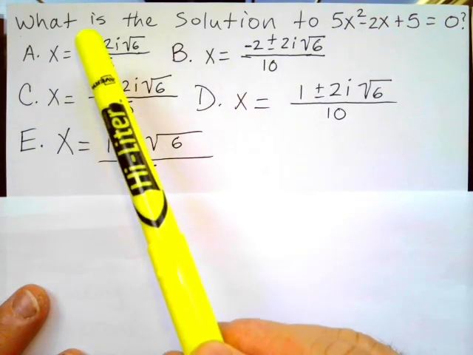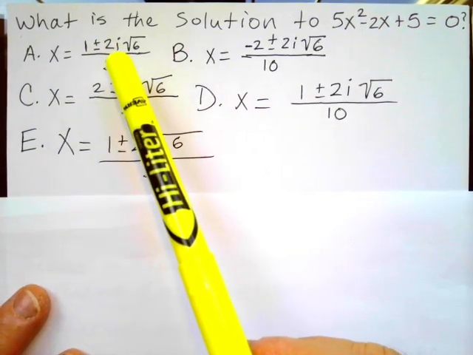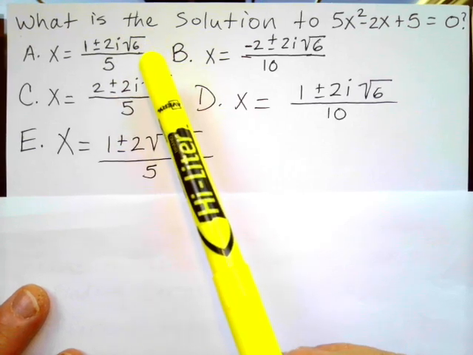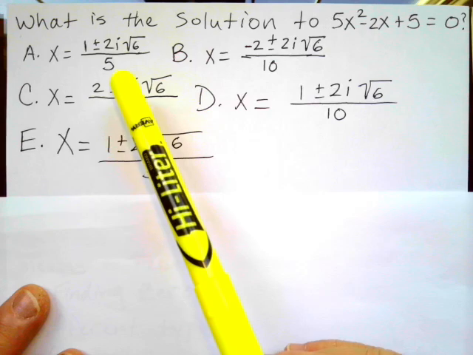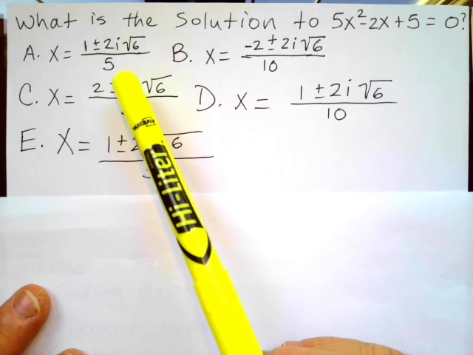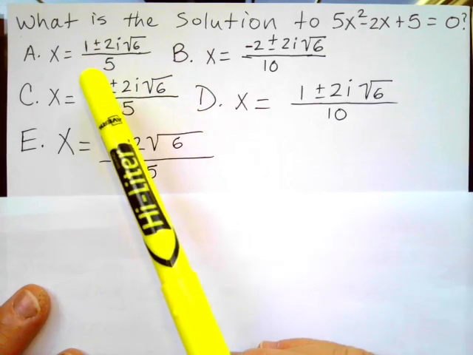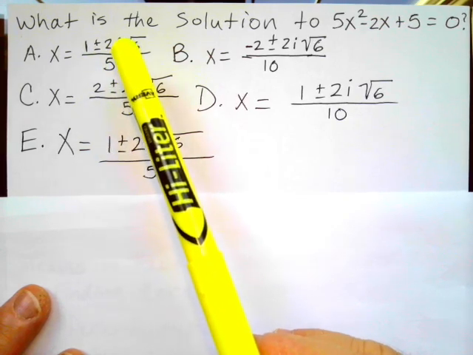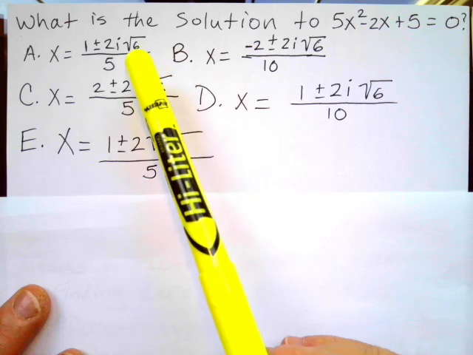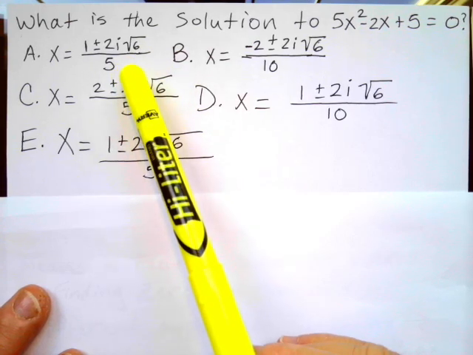So you have 1 plus or minus 2 times i times the quantity of the square root of 6, divided by 5. This is like a fraction. What does that mean? That means 1 over 5 plus or minus 2 times i times the square root of 6 over 5.